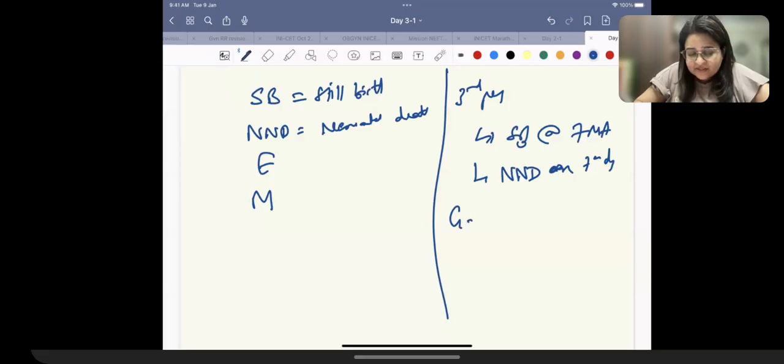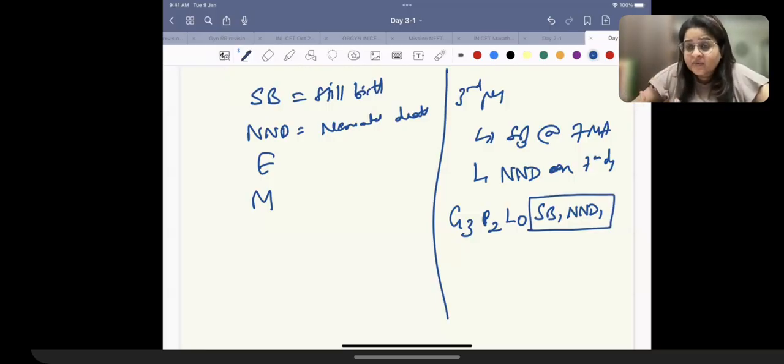So she's gravida 3, para 2, living 0, stillbirth 1, NND 1. These are not standard abbreviations, but we use them very commonly in practice. Even in the last NEET PG, they mentioned NND in one question, and then somebody asked me, ma'am, what is NND? So we sometimes use them, although they are not standard abbreviations.